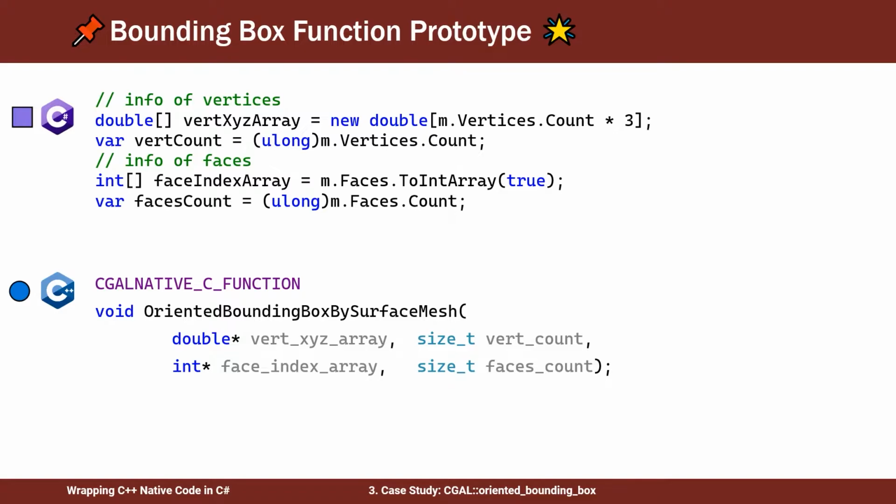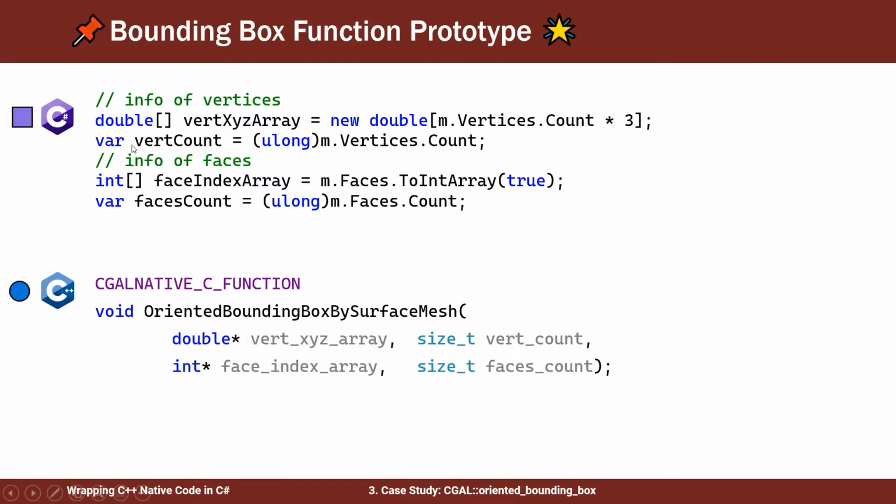In the previous step, we are left with the info of vertices and the info of faces. And with the knowledge mentioned in the previous presentation, we could easily convert the double array in C#, like this one, to this one. This is the syntax of a double array in C++.